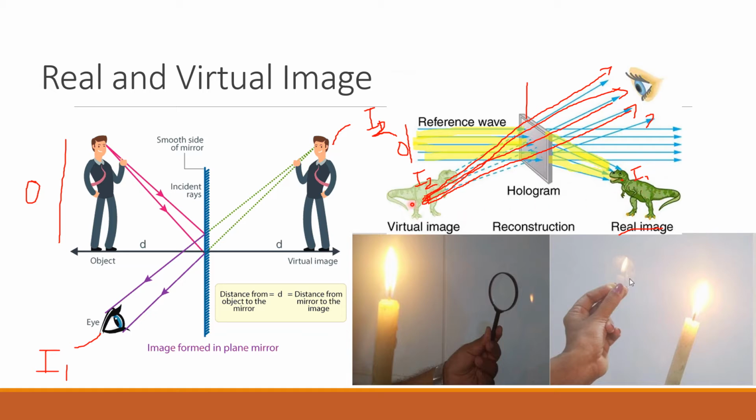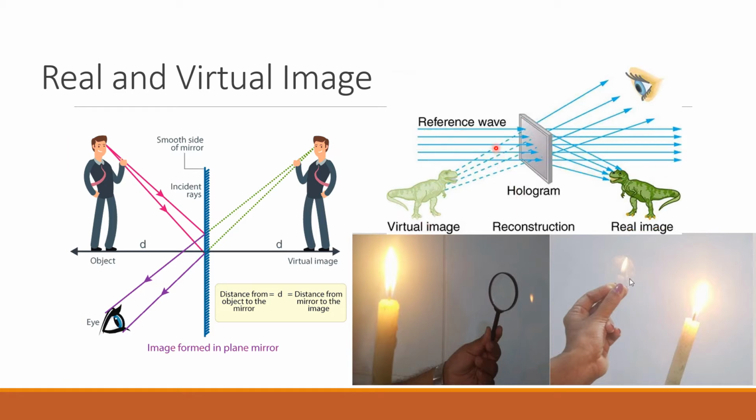So one basic difference between your real image and your virtual image is this: can you see here the light which passes through this glass surface? The light which passes through the glass surface actually converges at this point. They actually meet at this point.